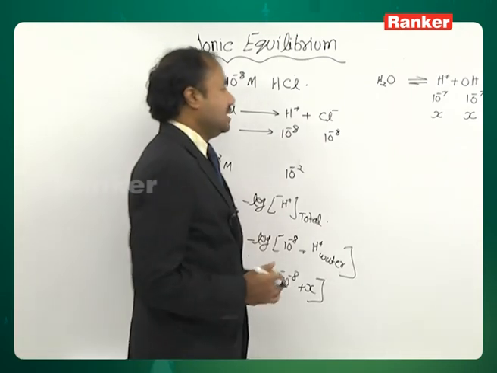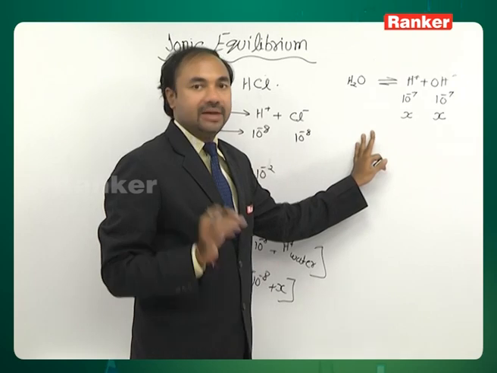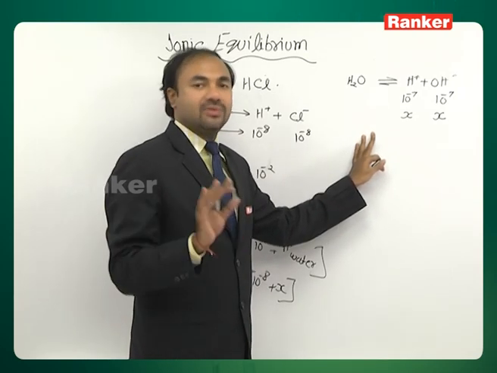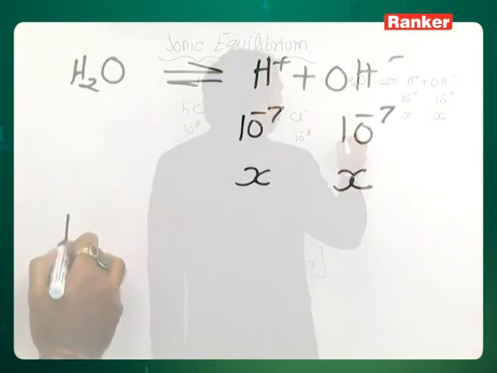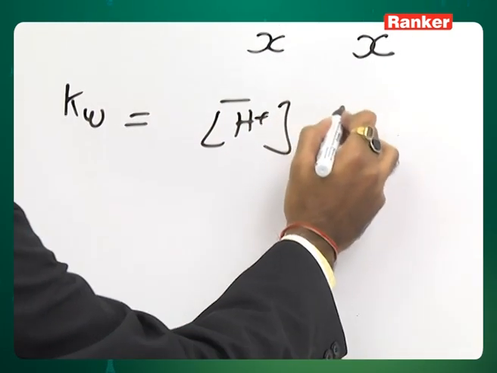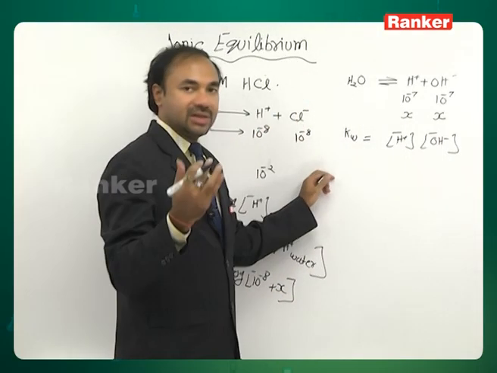Now comes into picture the Kw of water, which is the ionic product of water, and at 25 degrees Celsius, as I told you, this is always constant for any type of solution. This is 10 to the minus 14. Kw of water will be equal to the concentration of H plus into the concentration of OH minus. Right? We substitute the values.